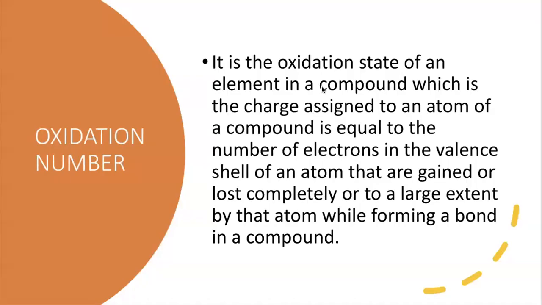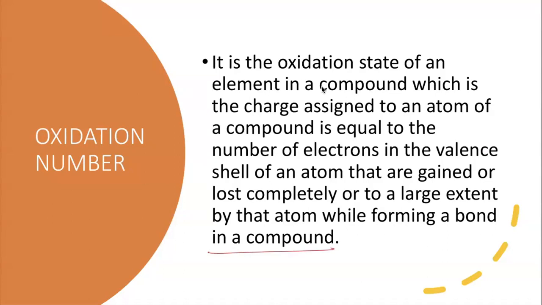It is the oxidation state of an element in a compound, which is the charge assigned to an atom of a compound, equal to the number of electrons in the valence shell of that atom that are gained or lost completely or to a large extent by the atom while forming a bond in a compound.